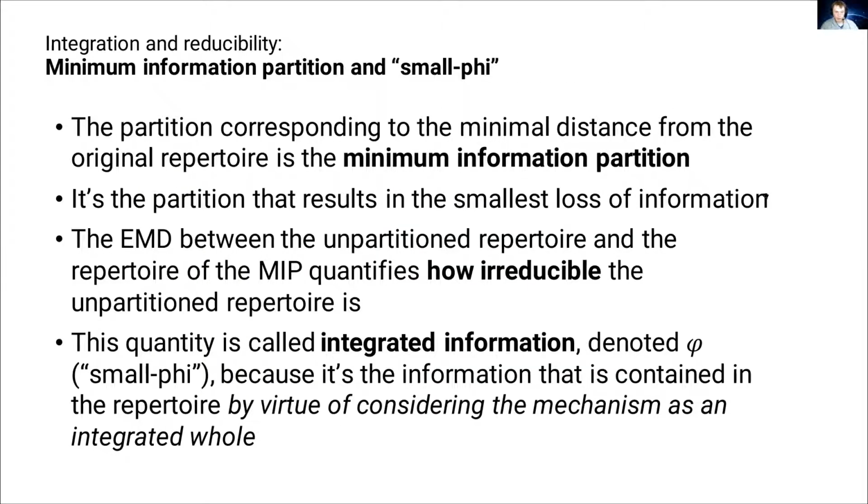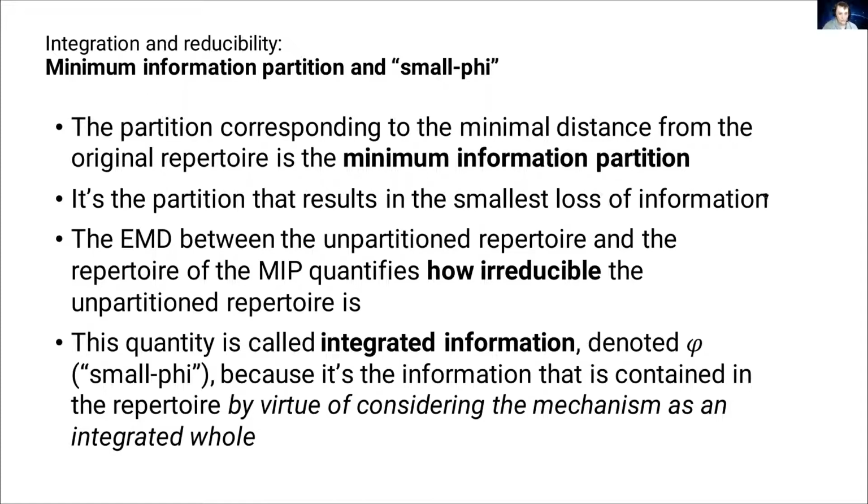What we are trying to do with all of these partitions, when we take our original mechanism and look for all of the ways we can partition it, is to find the minimum information partition, which is the partition that results in the smallest loss of information.